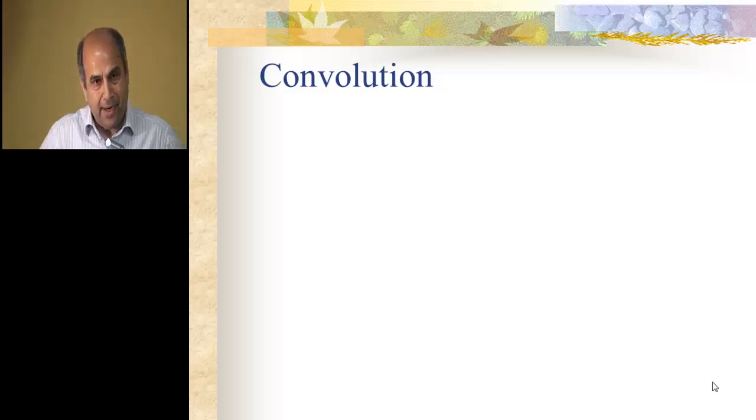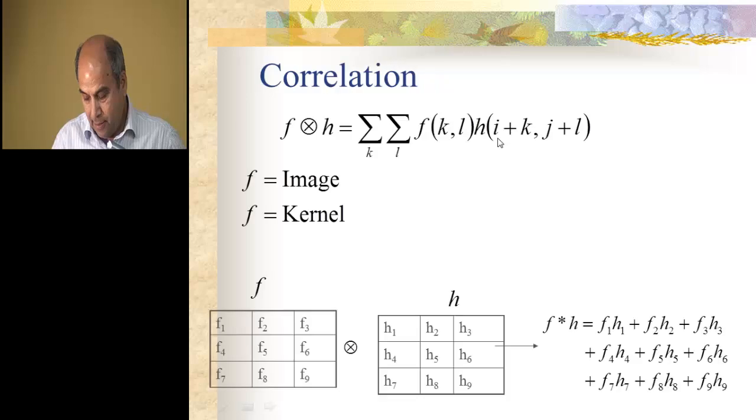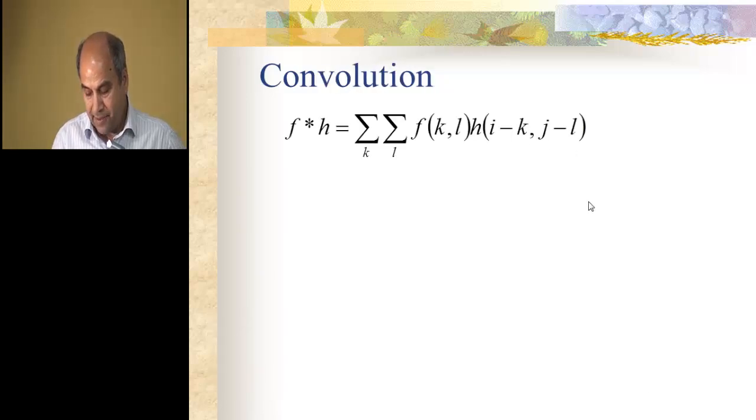Now there's another operation, which is convolution. They are very similar with a little difference, and the only difference is that here we flip the kernel. As you saw there, we had i plus k and j plus l. Here we have i minus k and j minus l. But it's again two summations, two loops, with an image and a mask, our kernel.